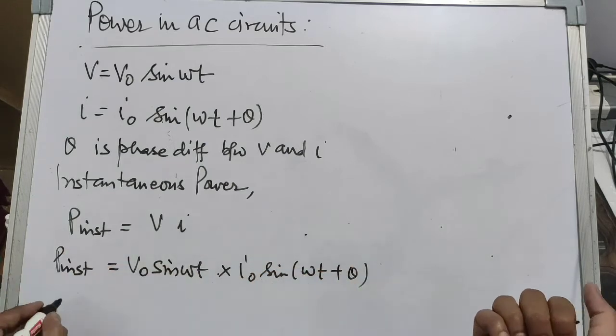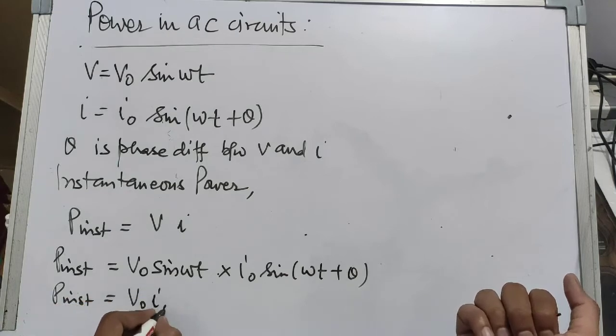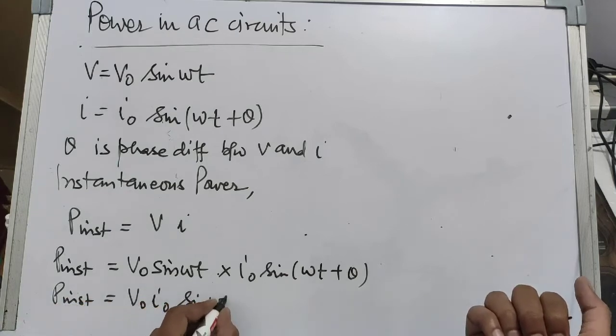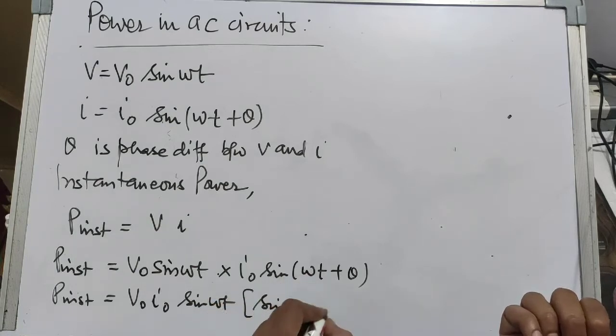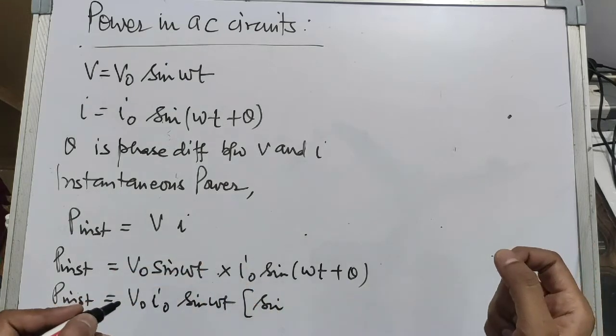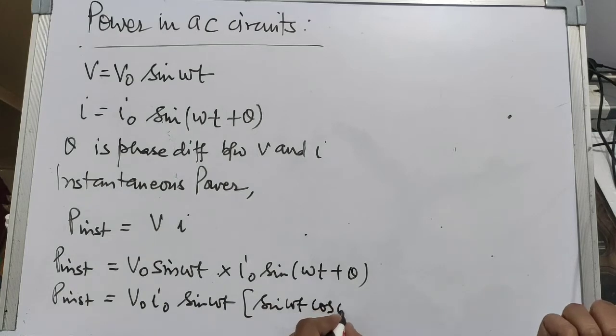Simplifying, V naught into I naught into sine omega t times, opening this, sine A plus B is sine A cos B plus cos A sine B, so sine omega t into cos theta plus cos omega t into sine theta.